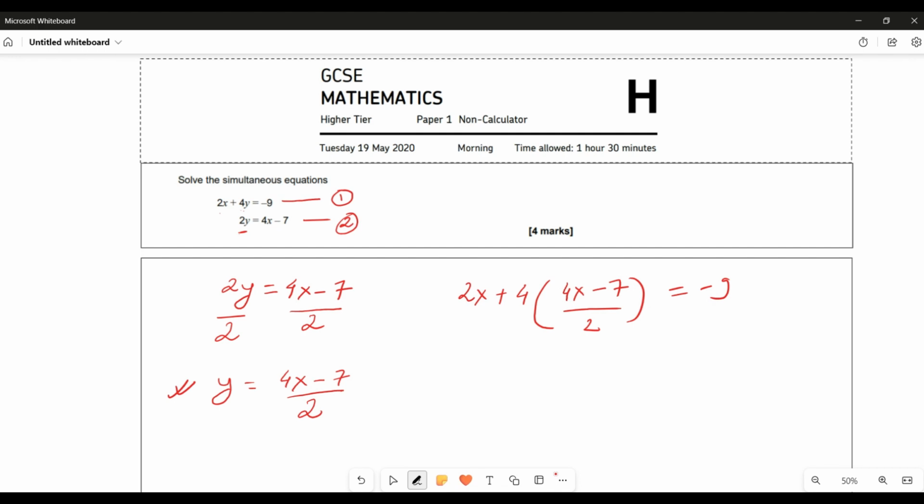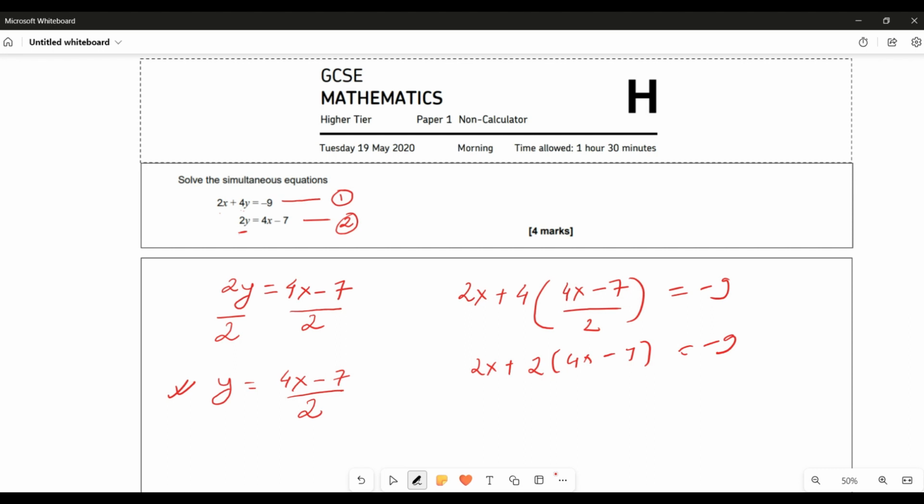This is your byproduct of equation 1. Now you just have to simplify it further: 2x plus 2 times (4x minus 7) equals negative 9.